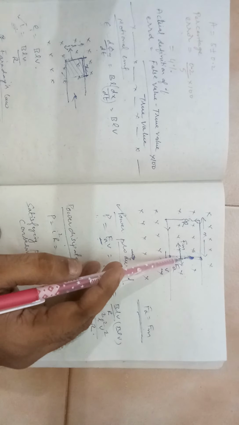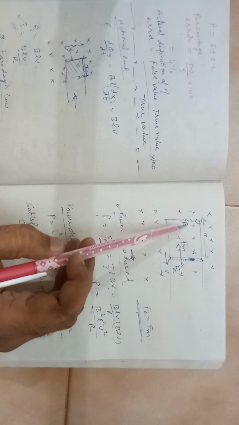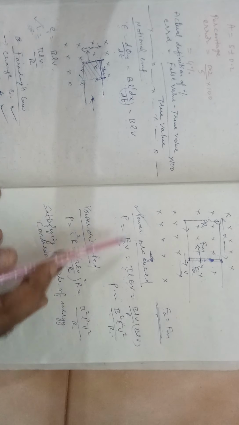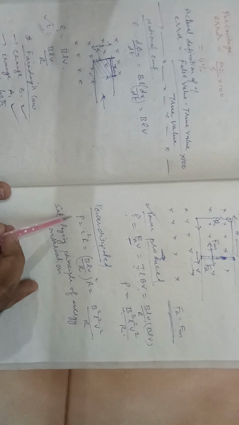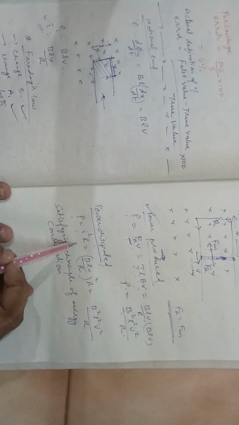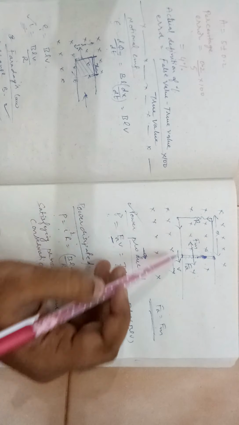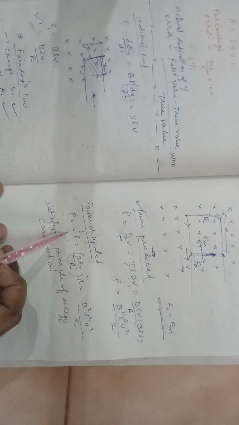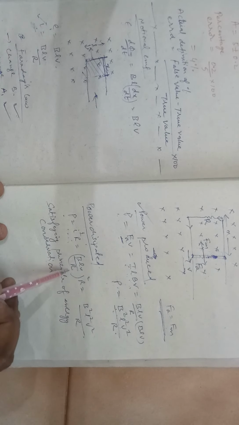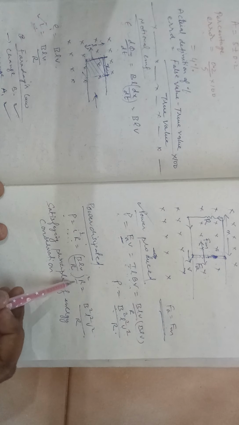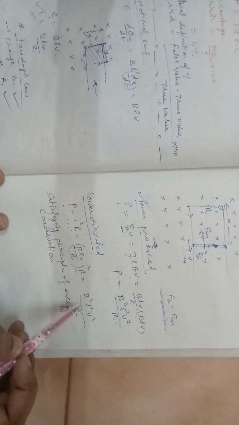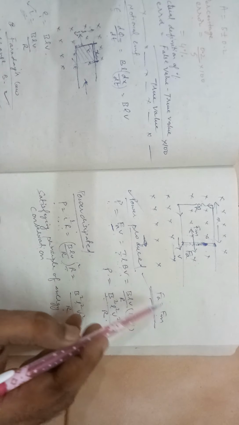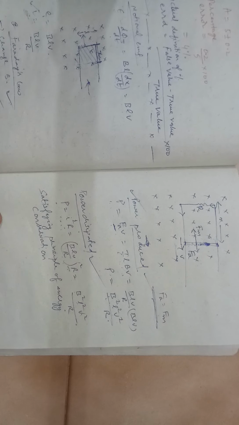Now if power is produced, who is dissipating it? The resistor. Let us find out what is the power dissipated in the circuit. There the formula is P is equal to I square R. If I is the current in the loop, then P is equal to I square R. I is equal to BLV by R, whole square, multiplied by R. So you can see here again you are getting B square L square V square by R. So the power produced and the power dissipated are matching.